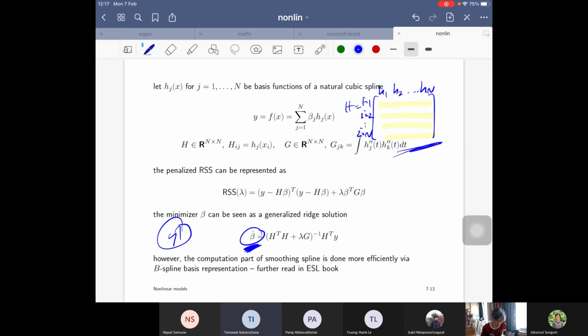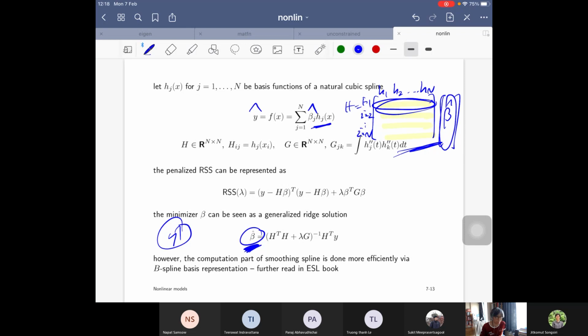It's h. Y hat equals h times beta hat. Yes. So it is multiplied with beta hat, because each row of h is a value of all the basis functions. So you make an inner product, and that gives you the sum.